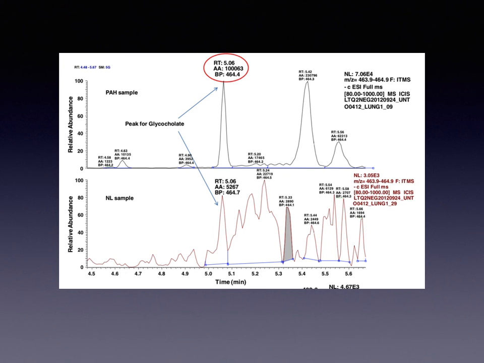So here's another MS fragmentation spectrum of glycocholate in normal and hypertensive lung. A negative ion selected ion chromatogram for glycocholate in both studies, and the identification of the glycocholate compound depends on the MS fragmentation spectrum, and they were both obviously run separately.